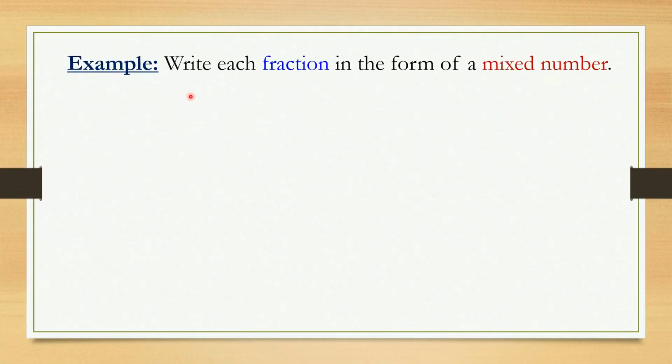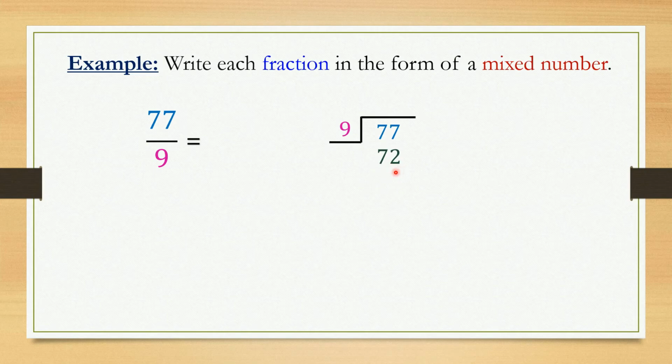Now, examples: write each fraction in the form of a mixed number. We have the fraction 77 over 9. So, on a scratch paper, we divide 77 by 9. 77 is not a multiple of 9. Just before 77, you have 72. 9 times what equals 72?